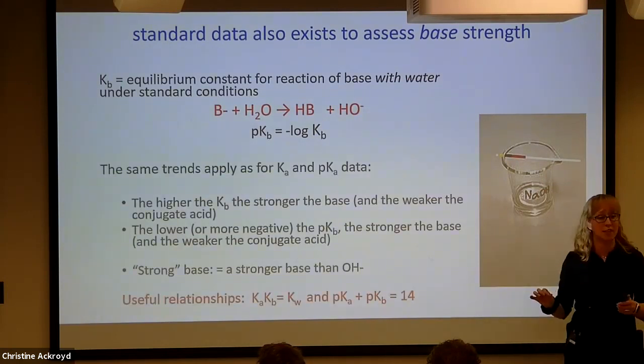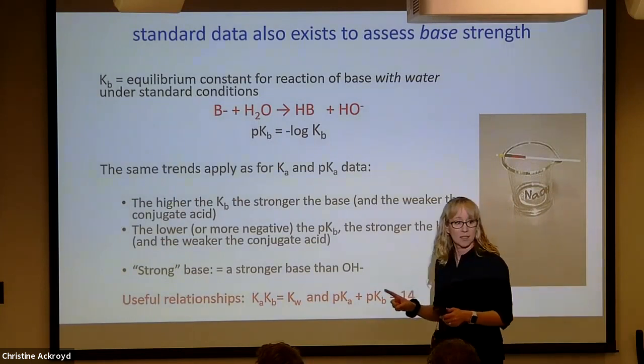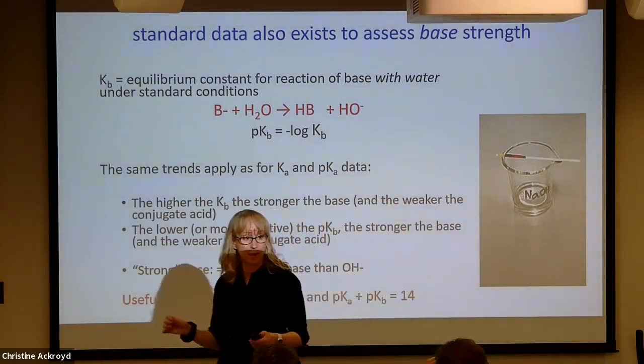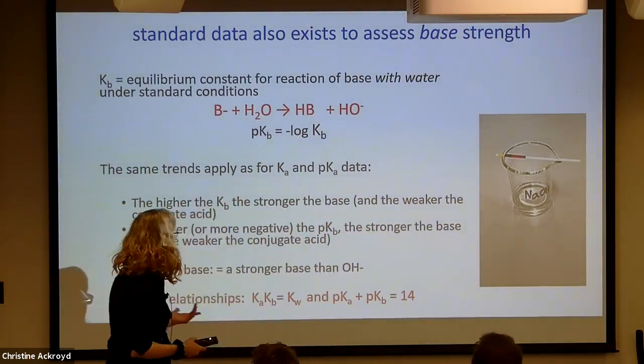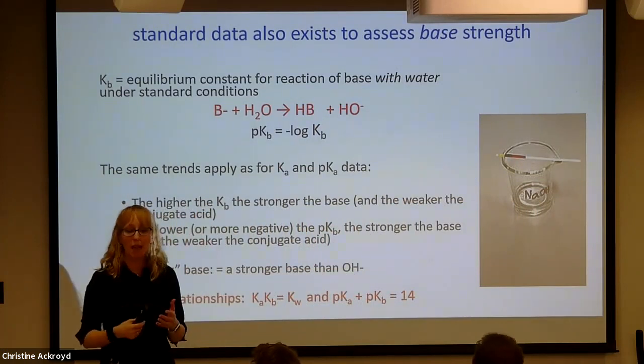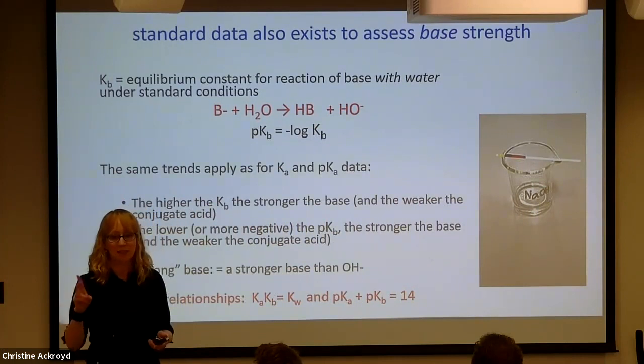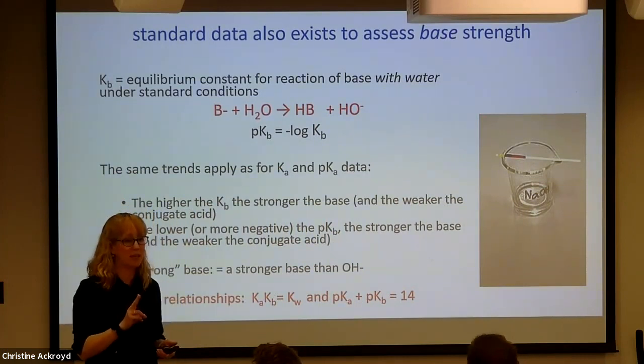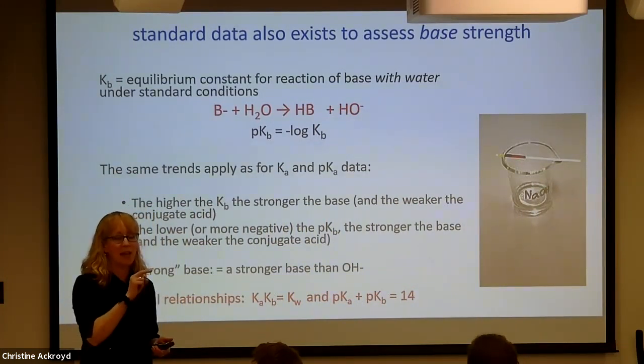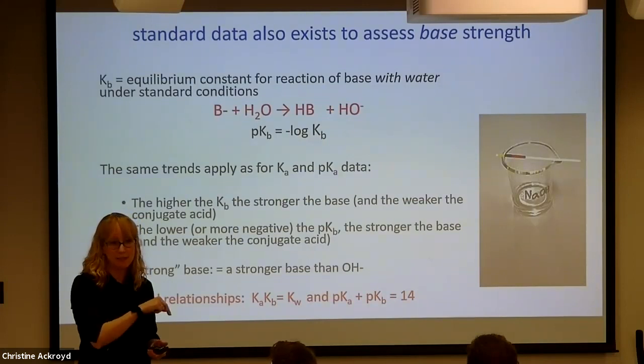Okay, if you are given the Kb, the higher the Kb, the stronger the base, right? Which means what about the pKb? The stronger the base, the higher the Kb, and the more positive the pKb.